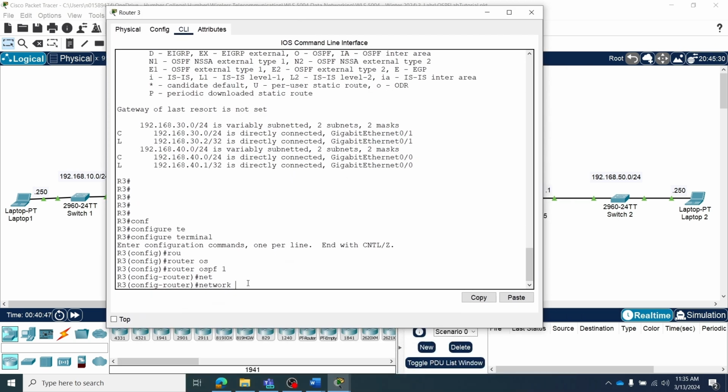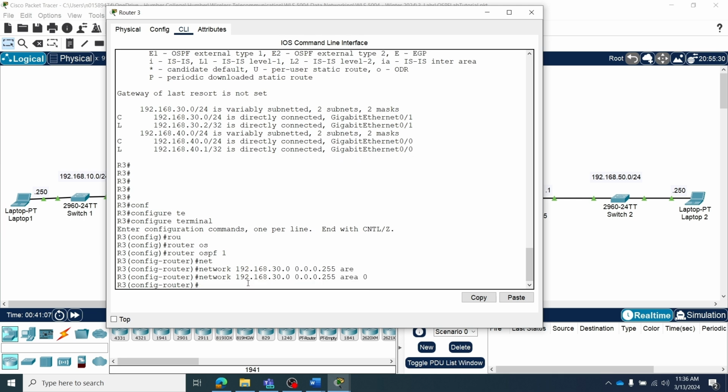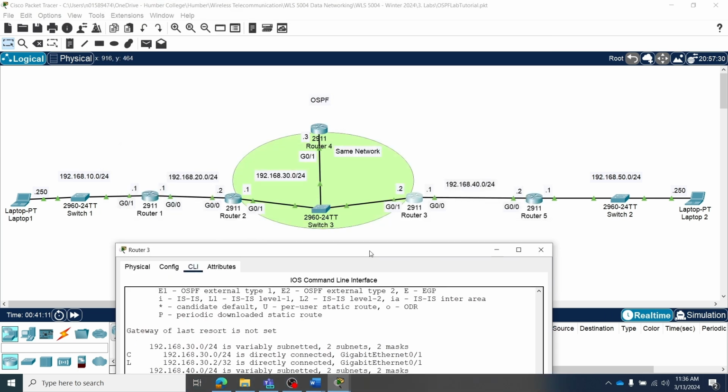So network 192.168.30.0, then the wildcard mask is 0.0.0.255, then area is 0. Then we need to add another network, which is the 40 network.